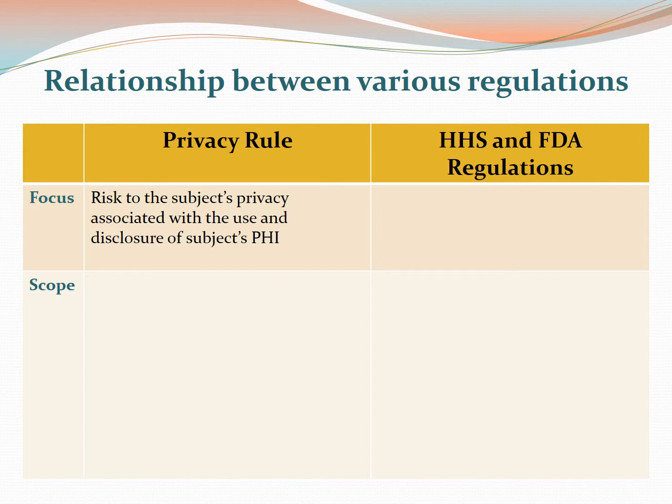So the Privacy Rule is really talking about what happens with someone's PHI. The Common Rule and the corresponding FDA regulations are talking about risks associated with privacy in regard to participating in clinical research. So the Privacy Rule applies when you go to see your doctor, but if you were participating in a clinical trial, then the Common Rule and the FDA regulations would apply.